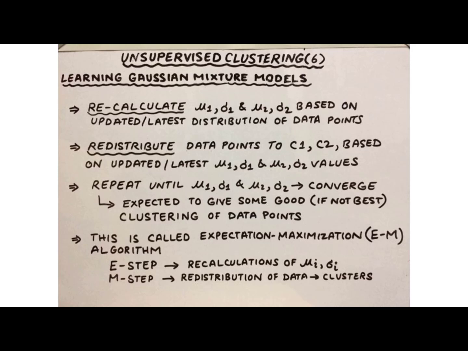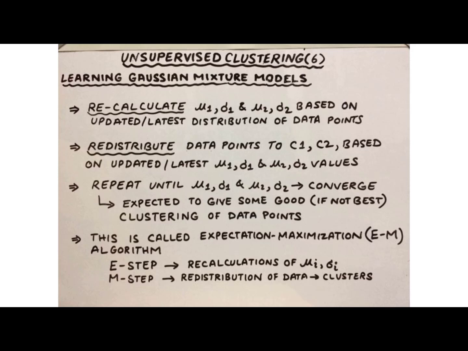And as a result of this redistribution, we are going to examine if our current fit is adequate. If not, then we go back to recalculate and refit, and then based upon this new fitting, we are going to reallocate the data points.